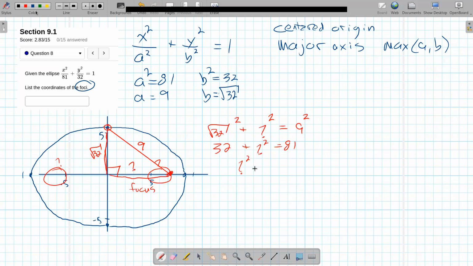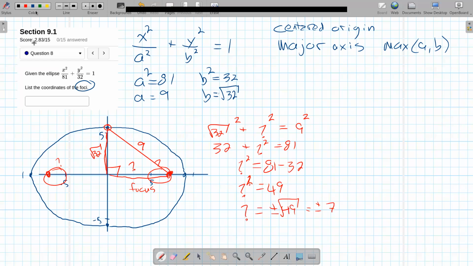So my missing number squared is whatever 81 minus 32 is. So let's see, 81 minus 31 would be 50. So that's got to be 49. Squared equals 49. So that means my missing values are plus and minus square root of 49, which is plus or minus 7.